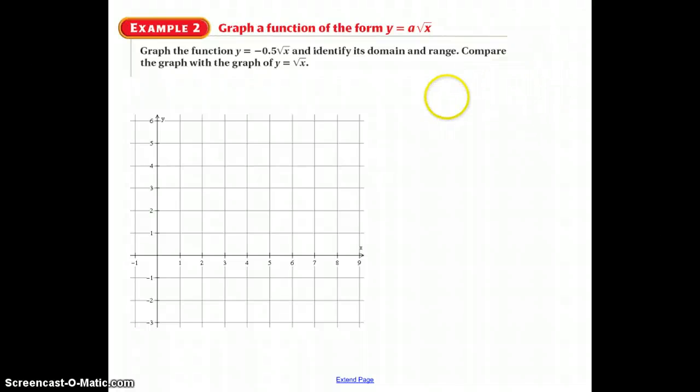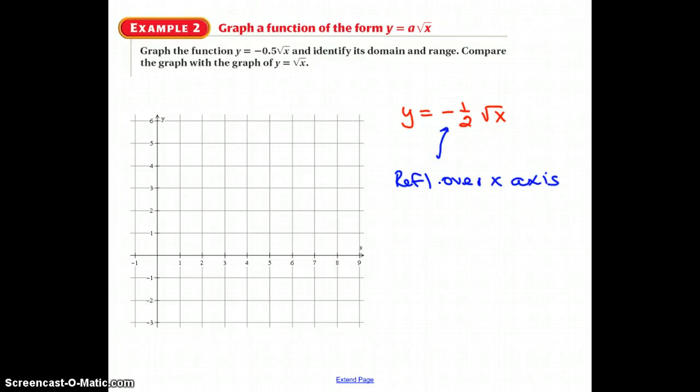Here's another example, and we have y equals negative 1/2 square root of x. And there's two things going on here. We have a negative and we have the 1/2. The negative is going to make us reflect over the x-axis, and then the 1/2 is going to make us have a vertical shrink of 1/2, and you can do them together.